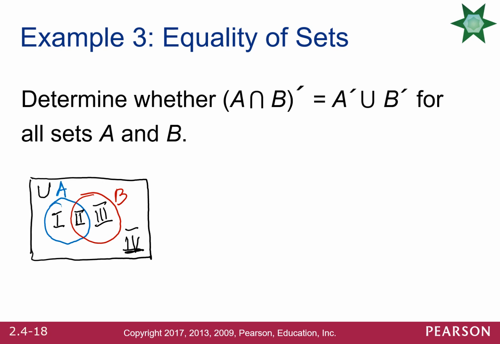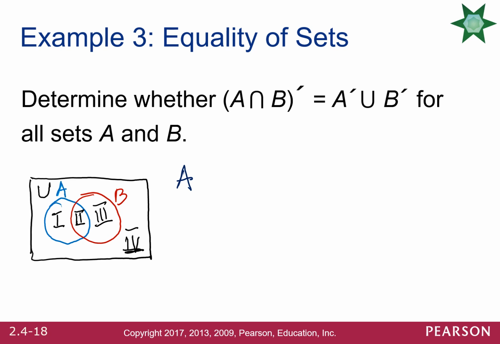Okay, so now that we have our sketch here with the regions labeled correctly, we will go ahead and associate the regions with the sets or different forms of the set. So we'll start with A first, all right?